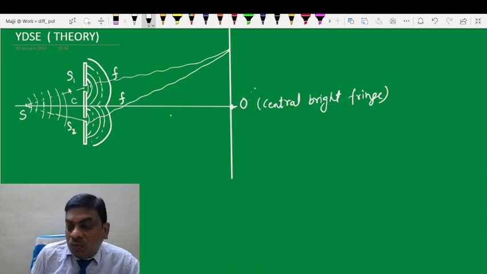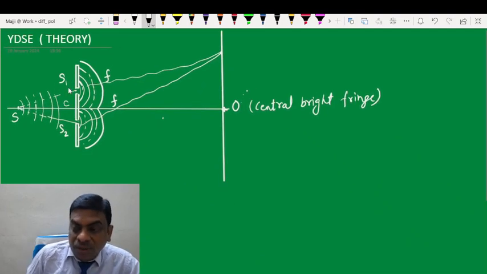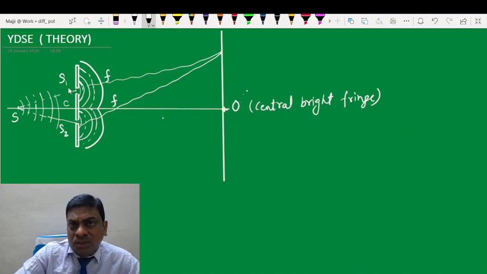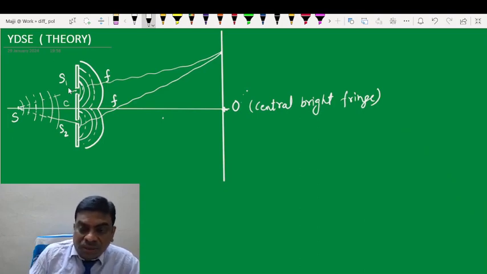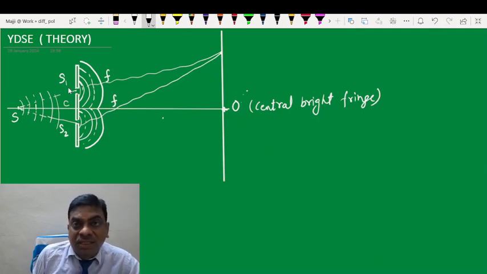So such sources are known as coherent sources. Coherent sources are absolutely duplicates of each other. They'll be emitting waves of the same kind without any phase difference. Probably there could be a phase difference also, but in these kinds of situations, the phase difference between them will be zero, and of course they will be emitting light of the same frequency.